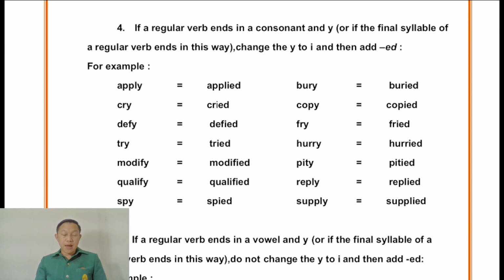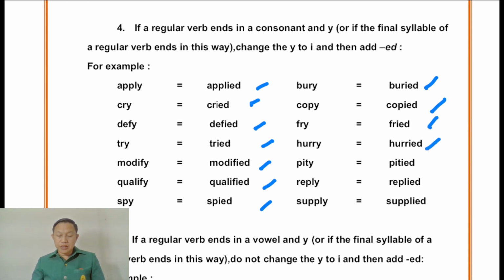For example, apply, applied, cry, cried, defy, defied, try, tried, modify, modified, qualify, qualified, spy, spied, bury, buried, copy, copied, fry, fried, hurry, hurried, pity, pitied, reply, replied, supply, supplied.